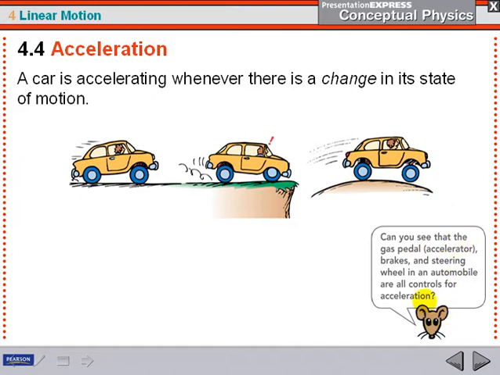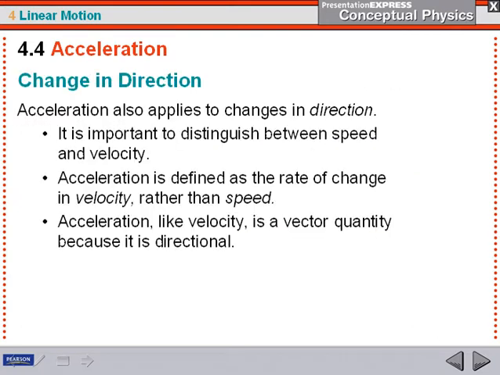The mouse down here is reminding us that there are actually 3 instruments you can use to change the motion of a car. The gas pedal, which helps you accelerate, your brakes, which help you decelerate, and your steering wheel, which changes your direction. So once again, it's also going to be a change in direction of a car.